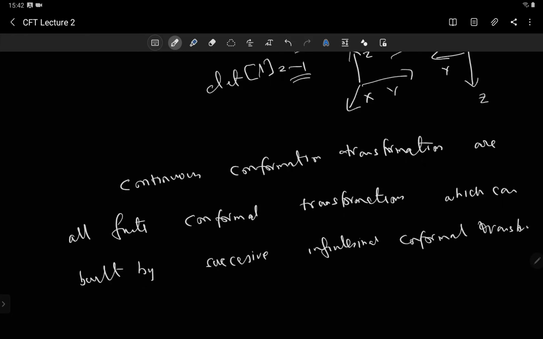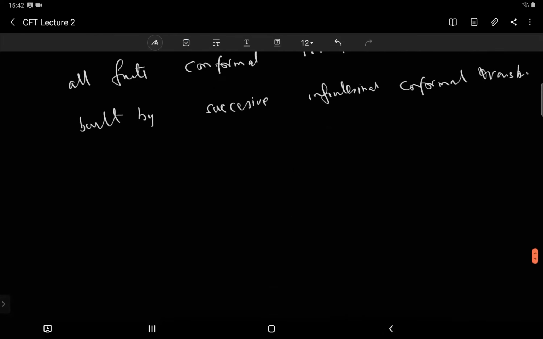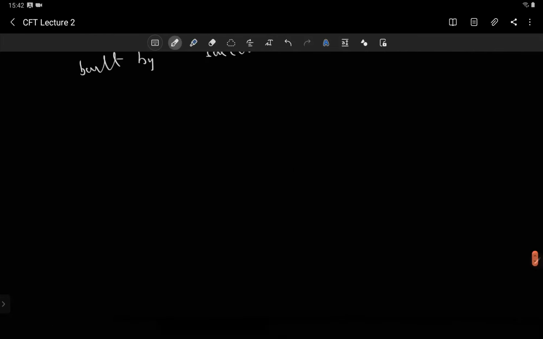This is true for all. If you're doing a continuous Lorentz transformation, those are Lorentz transformations which can be built by doing small Lorentz transformations, and the continuous rotations are those rotations which can be built by doing small rotations. So we will look at continuous conformal transformations, which are all finite conformal transformations which can be built by successive infinitesimal conformal transformations. Okay. Therefore, we have to first look at infinitesimal conformal transformations.